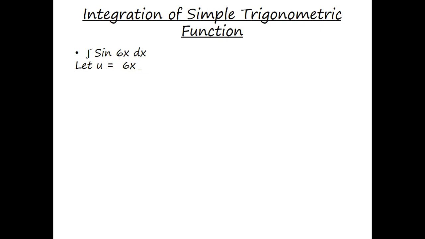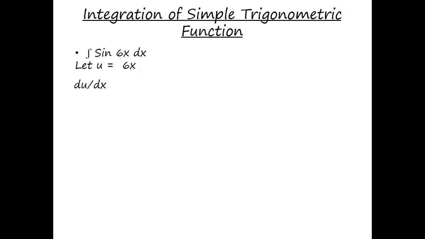The long road to Rome is very important because of your theory questions, but shortcuts to the solution are also important because of objective questions. Alright, so for sin 6x dx, let u be equivalent to 6x.